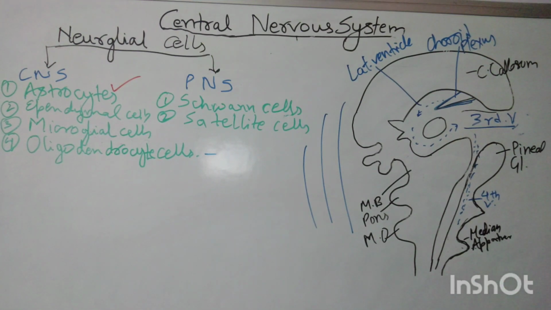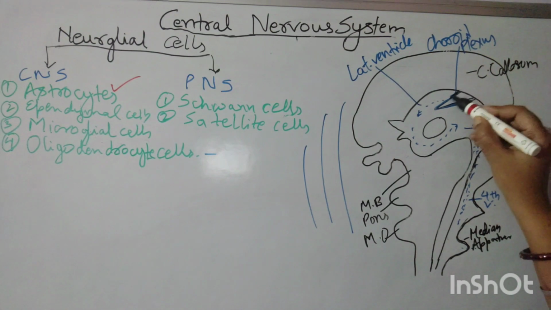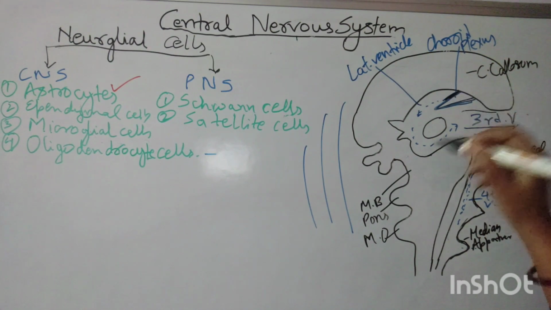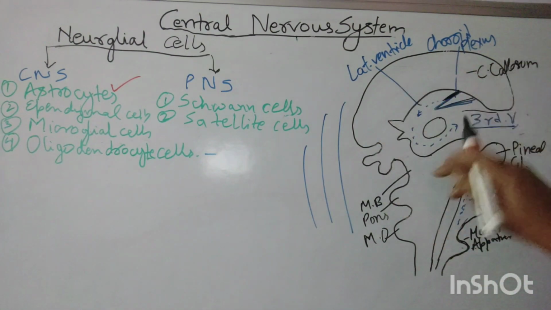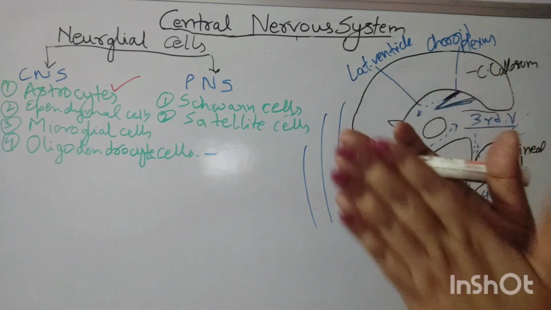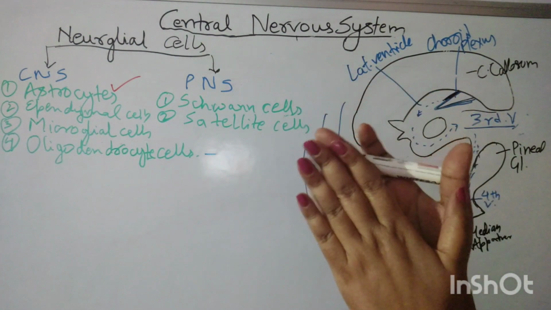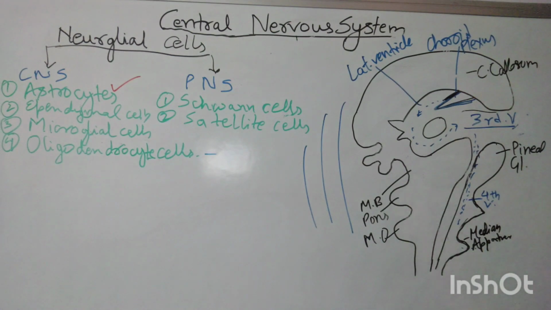We have seen that this is our choroid plexus. This is our corpus callosum, which connects both cerebral hemispheres together.